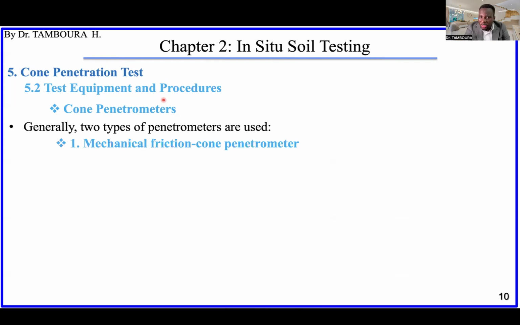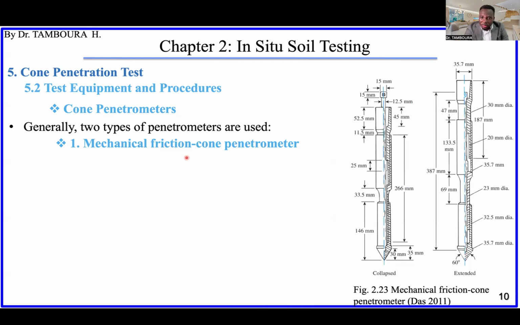Okay, mechanical friction cone penetrometer. This is shown here, just some detail. You can see this shape is when the cone is collapsed. This one is when it is extended.